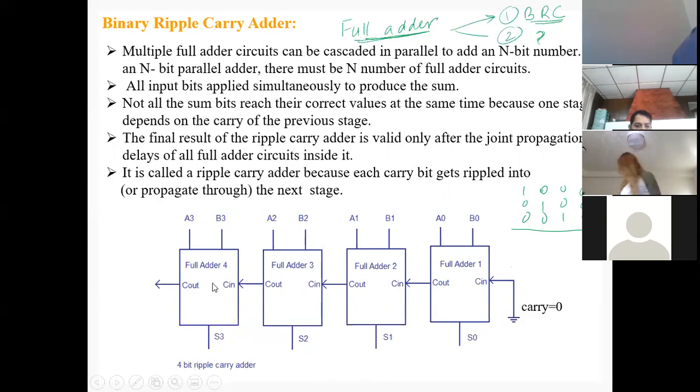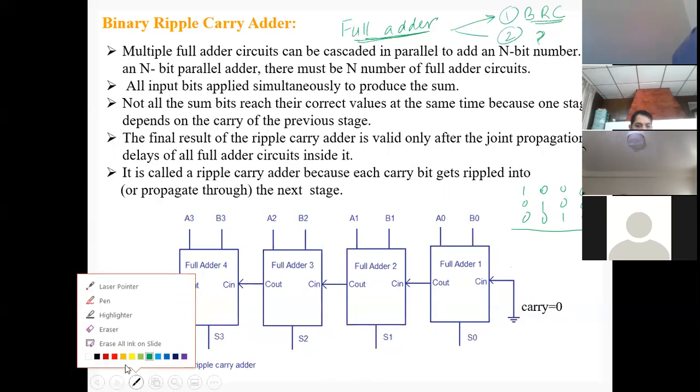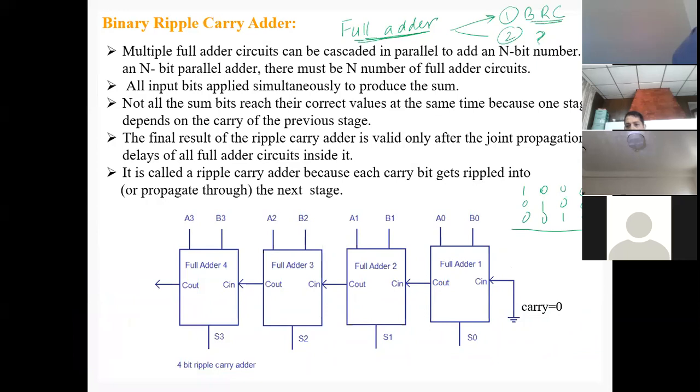Let me make a different color here. So this I will call A0. This I will call B0. This I call carry, C in. Here this is A1, this is B1, this is carry, this is A2, this is B2, this is carry, this is A3, this is B3, this is carry.